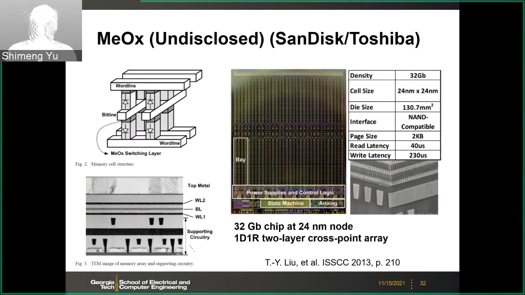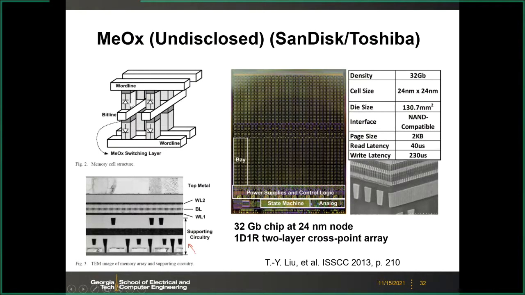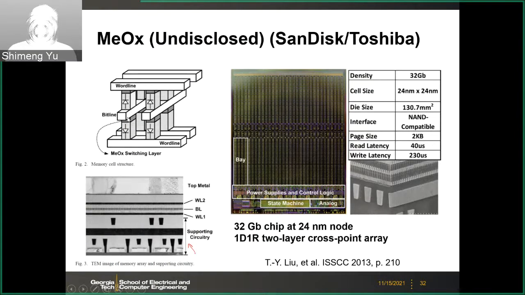We have shown this cross-sectional image before. This is like a 3D cross-point, with two layers of the 1S1R structure. Since I have already discussed this one before, I will skip it here.